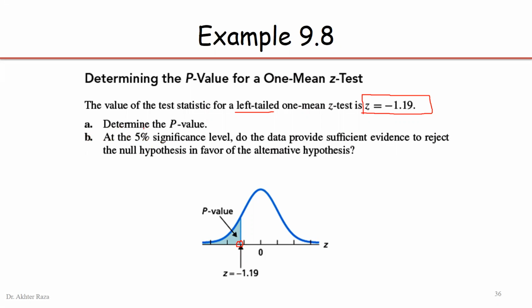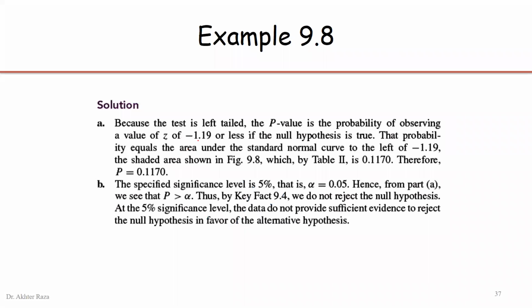So in step number A, you have to determine the p-value. Very simple. Just search minus 1.19 in the Z table, because it is a Z score, and obtain a probability from there. If we look up minus 1.19 in the Z table, the value of probability is 0.1170.